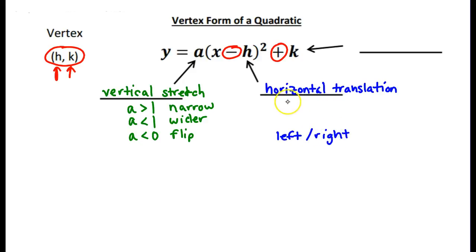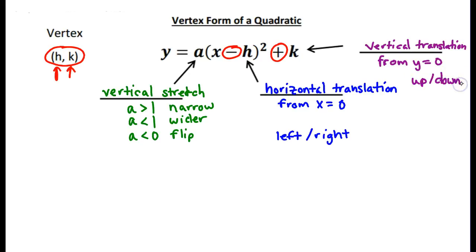And this horizontal translation is from the line x equals 0. Your k value here at the end is going to be your vertical translation. And that's going to be from the line y equals 0. So here we're talking about movement that is going to be up or down.